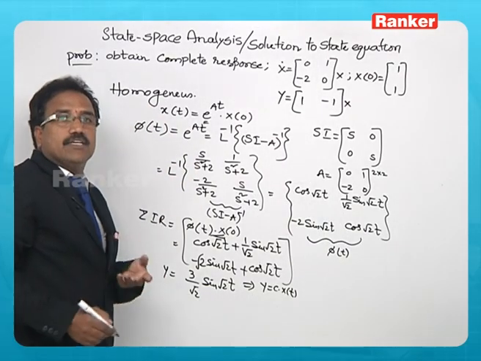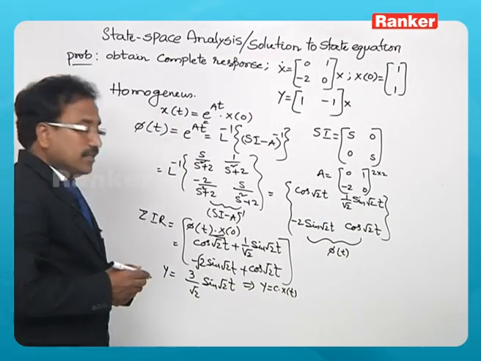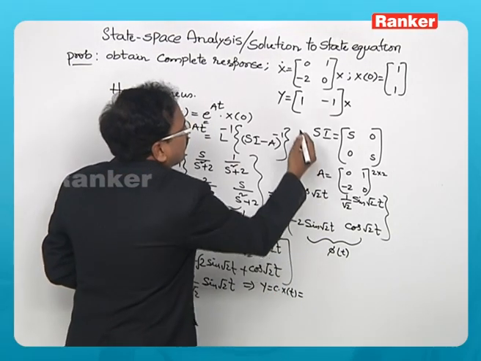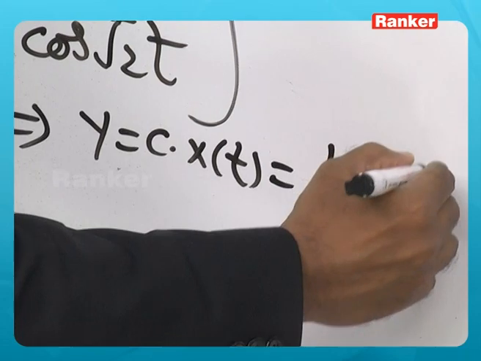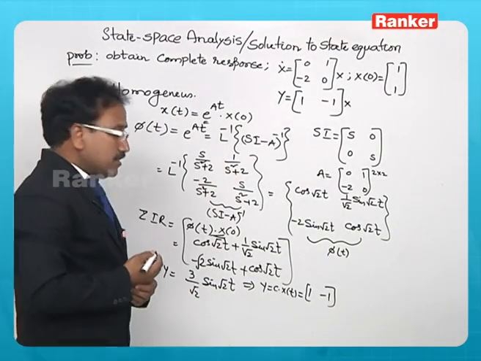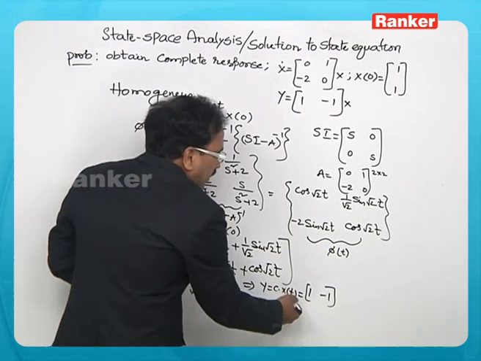This is the state equation, output equation in the state model. So, C is given by 1 and minus 1, this is the C matrix. Then x of t is this one.